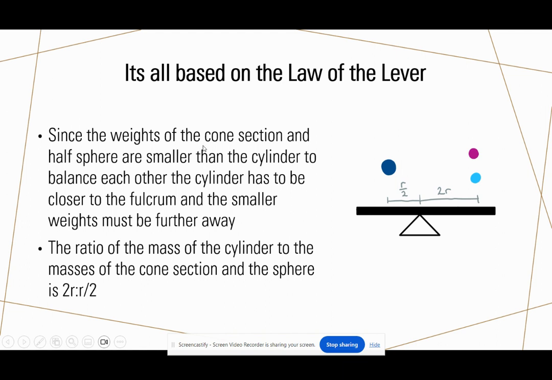He knows that the cone section and the half sphere have smaller masses than the cylinder, which means that to balance each other out on a lever, he would have to place the larger mass, the mass of the cylinder, closer to the fulcrum, which is right here, and these smaller masses further away. And he figured out by trying earlier that this distance right here would have to be 2 times the radius, and this distance right here would have to be r over 2.